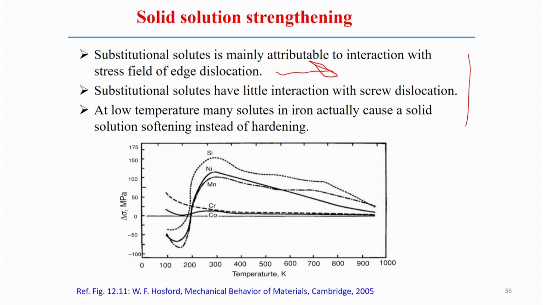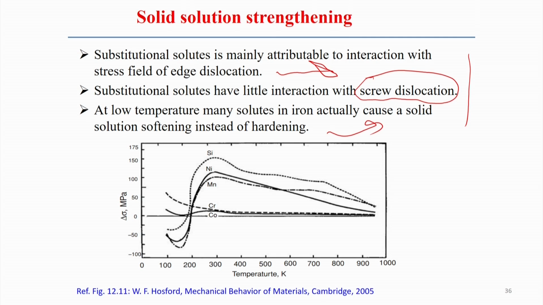Substitutional solute atoms have little interaction with the screw dislocation. But at low temperature many solutes in iron actually cause solid solution softening instead of hardening.